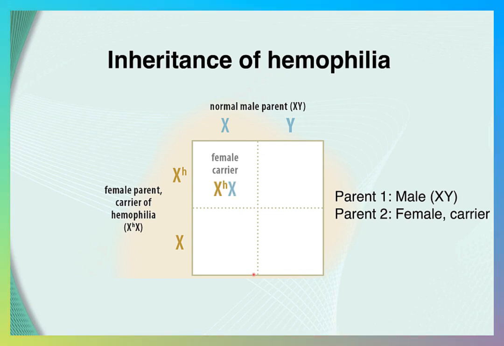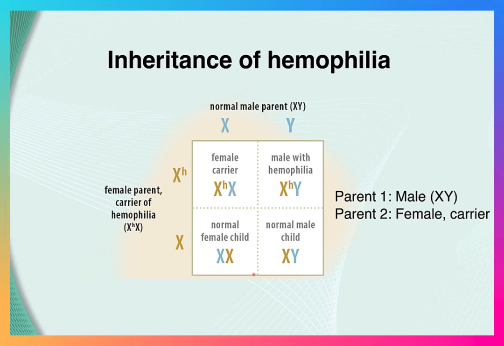But they have a series of children. They produce a female carrier, no problem. They produce a male with hemophilia, that's a problem. And then they produce 2 normal children. This male is going to have to take clotting factors his whole life in order to live to adulthood.